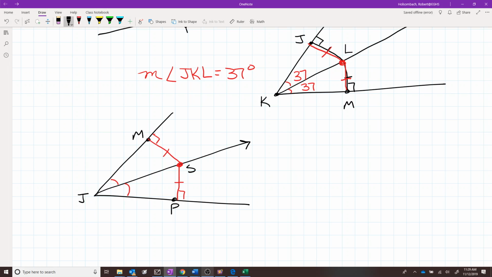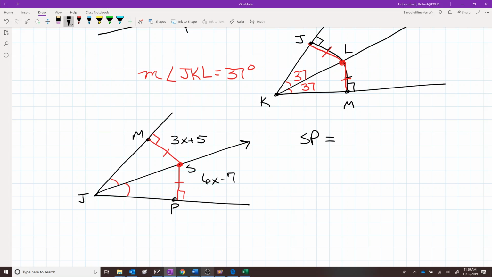Well, then you're given the expression that represents MS as 3x plus 5. And S to P is 6x minus 7. And you're asked to find SP.